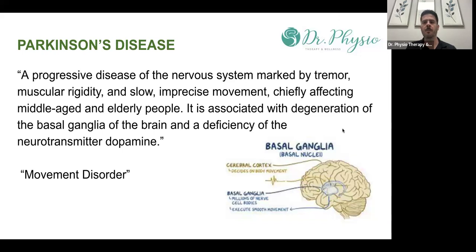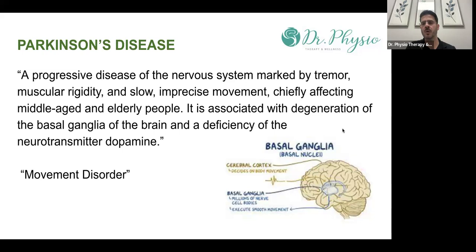So Parkinson's disease is a progressive disease that gets worse throughout the time, which is marked by tremor, muscular rigidity, and slow, imprecise movement, chiefly affecting middle-aged and elderly people.